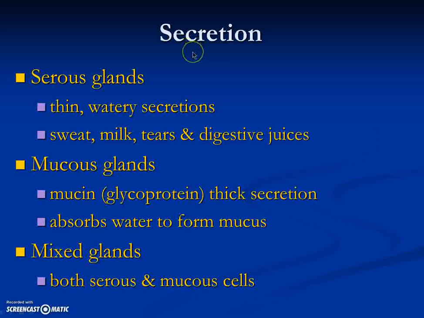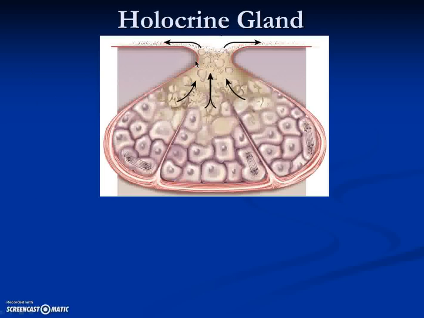We can also categorize them quickly on how they secrete, their method of secretion. And one such way we could do that is we call it a holocrine gland. In a holocrine gland, it's like a volcano erupting. These cells that contain the products actually break up, disintegrate, and release the products that way. So not only is the product being released, but also the cell fragments and dead cells will come up with it, kind of like a volcano.